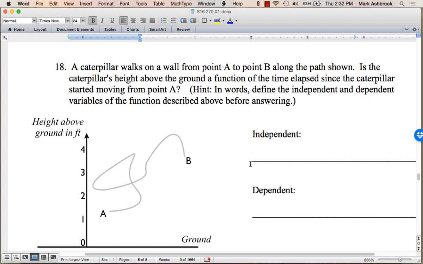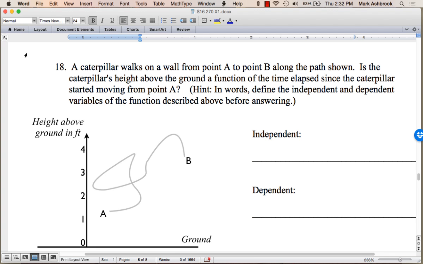It would show that he went back. It's just showing the height relative to the ground.